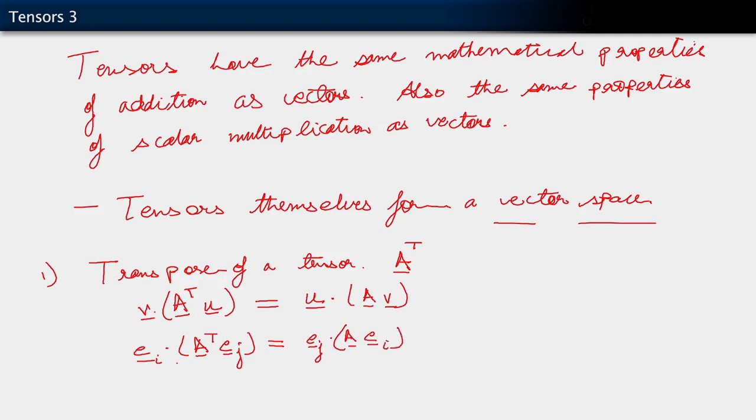The right-hand side we know already, right? We saw in the previous segment what the right-hand side means. The right-hand side actually turns out to be the AJI component of our tensor A.